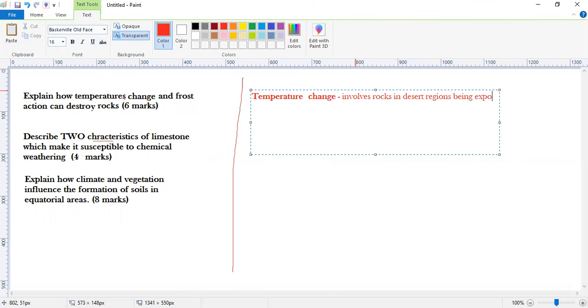So it involves rocks in desert regions being exposed to high temperatures in the day, which causes the surface to expand.